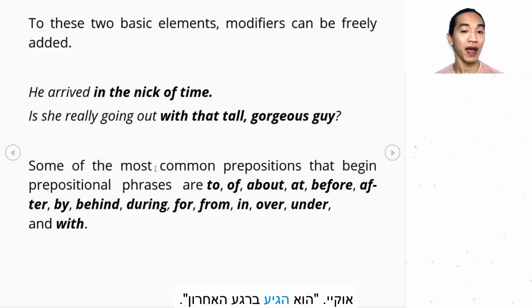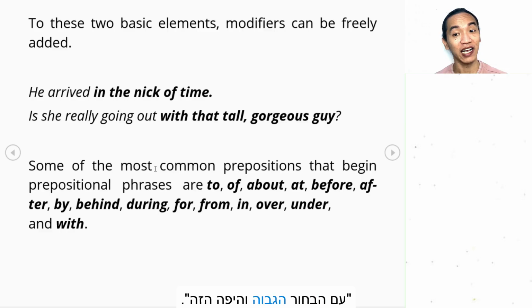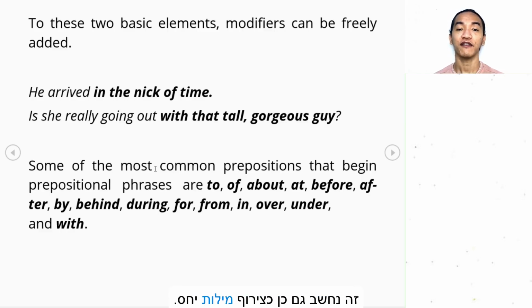He arrived in the nick of time. So instead of in time, in the nick of time, so almost in time. Is she really going out with that tall, gorgeous guy? So we added more adjectives here, with that tall, gorgeous guy. Then this is also considered a prepositional phrase.